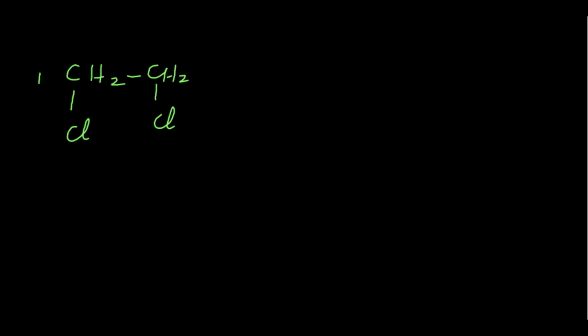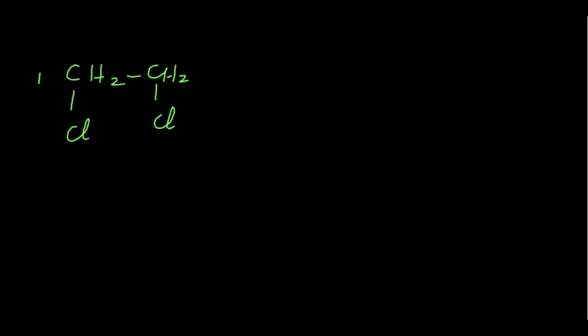When this molecule is treated with alcoholic solution of potassium hydroxide, elimination of two molecules of hydrogen halides takes place from adjacent carbon atoms, and a triple covalent bond is formed between two carbon atoms. Now students, this reaction occurs in two steps.